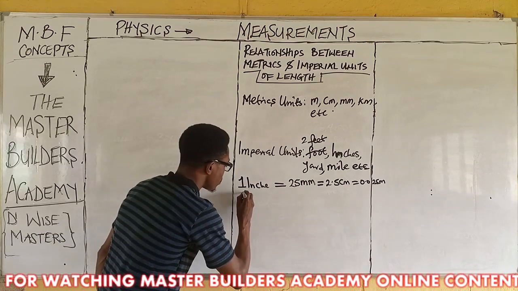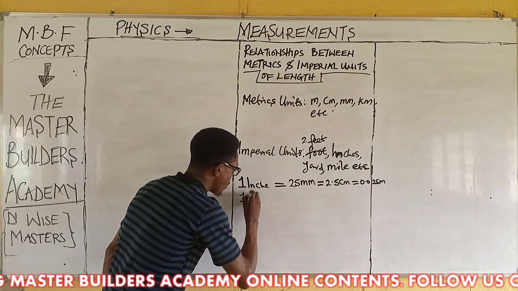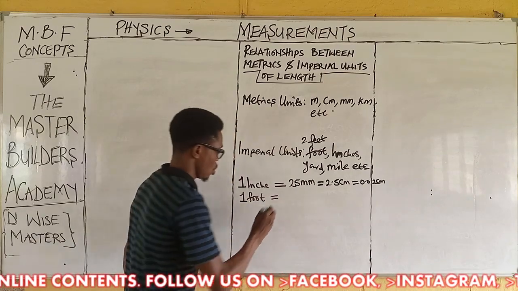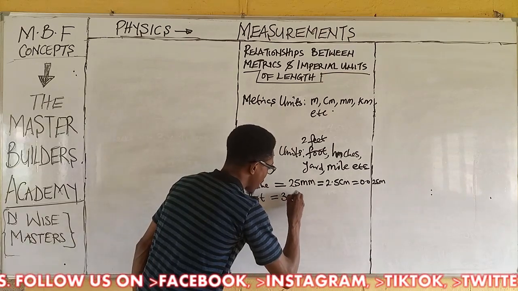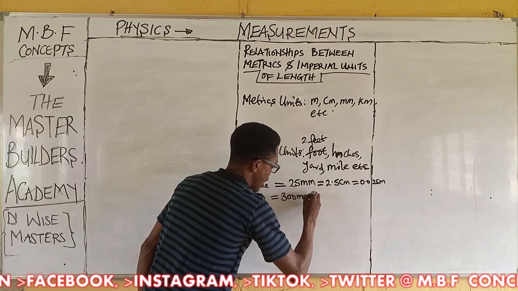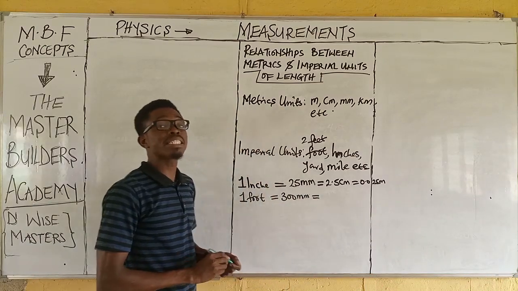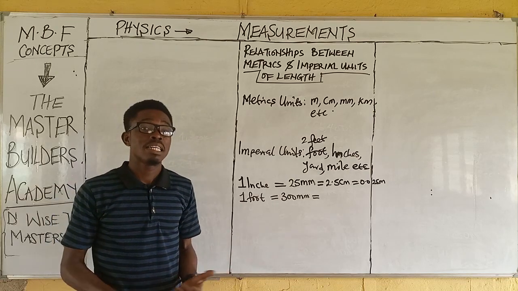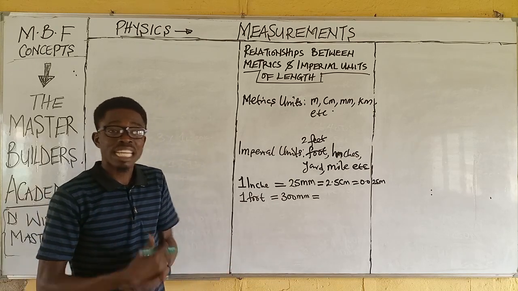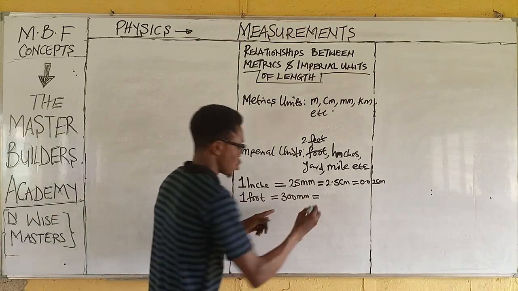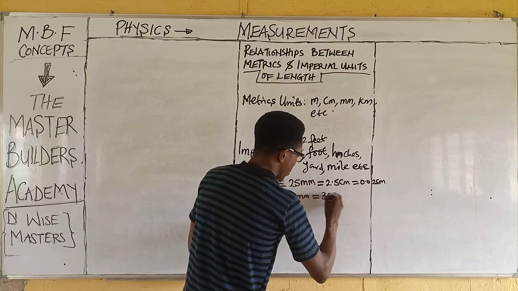Then number 2 is 1 foot is equivalent to 300 millimeters. And I can as well convert 300 millimeters to either meter, centimeter, kilometer, decimeter as I want. But these are the basic relationships that we studied. If I convert this to centimeter, this would give me 30 centimeters.